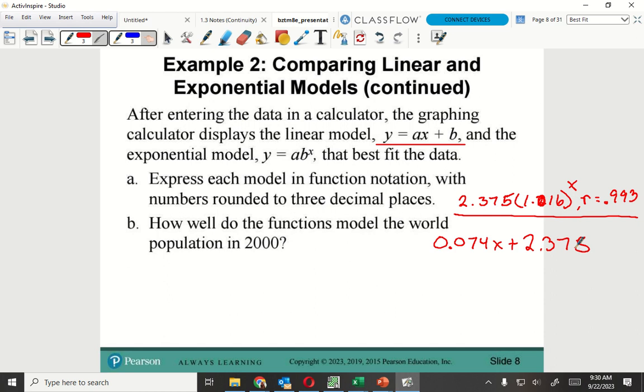Now, what was my R value here? Your R value is 0.998. Yeah, that's 0.998. There you go.